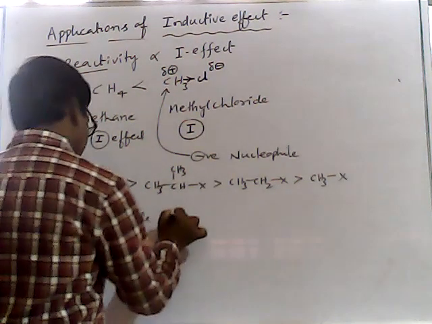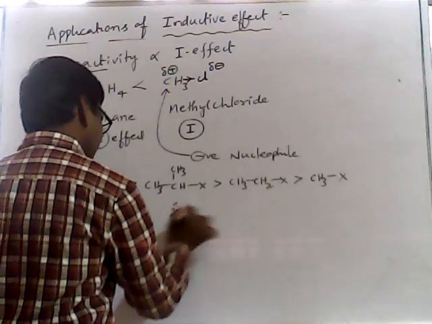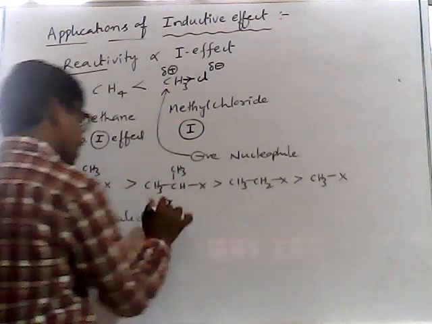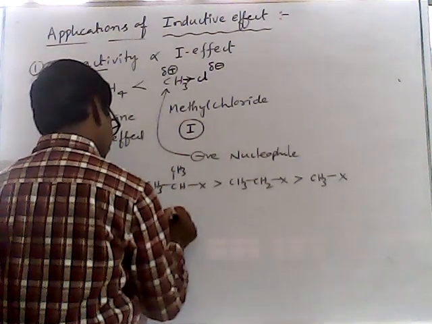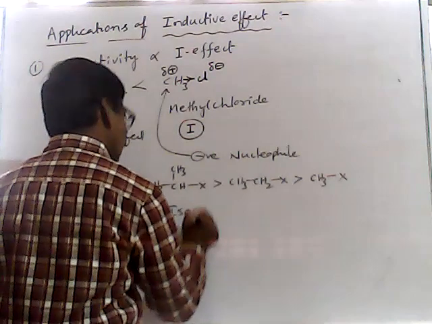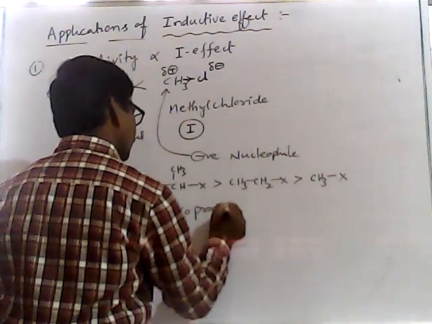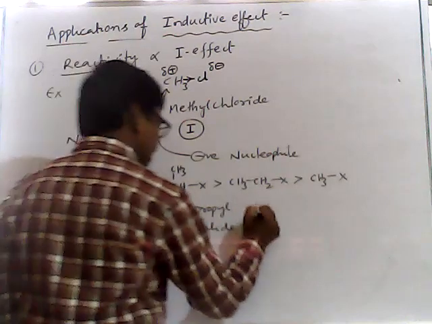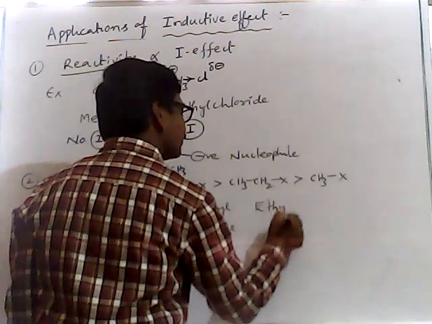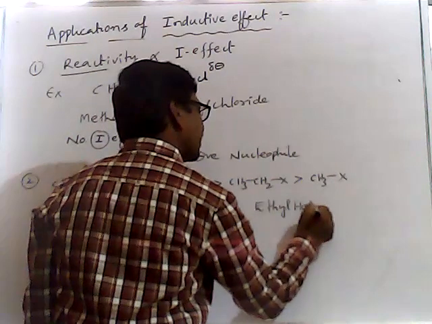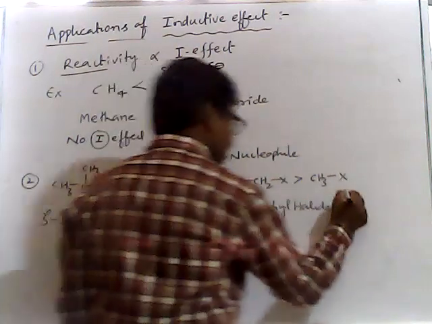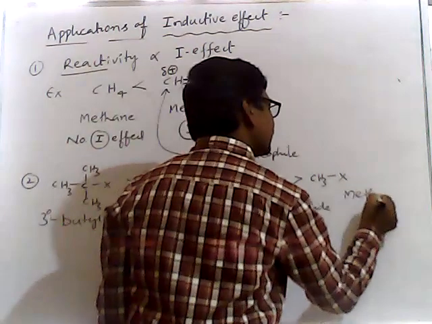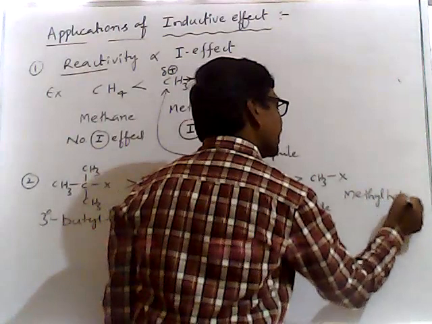This is secondary propyl, otherwise isopropyl also we can write. It is secondary and also iso. Isopropyl halide. Then this is ethyl halide. Then this is methyl halide.